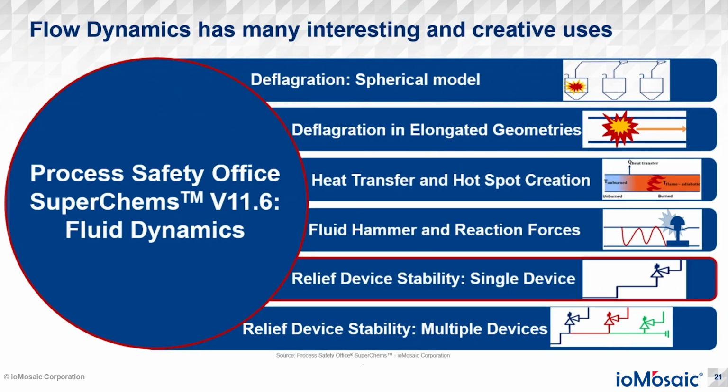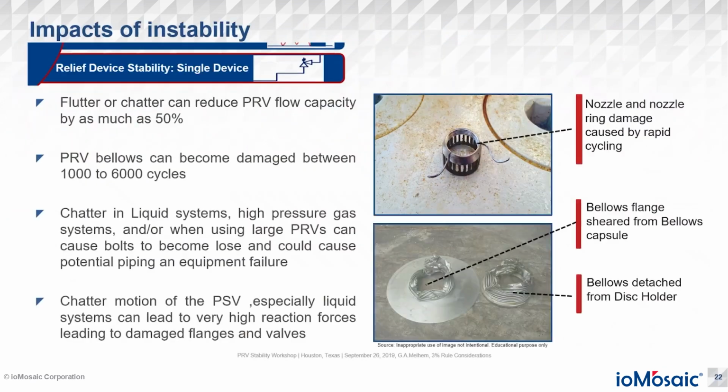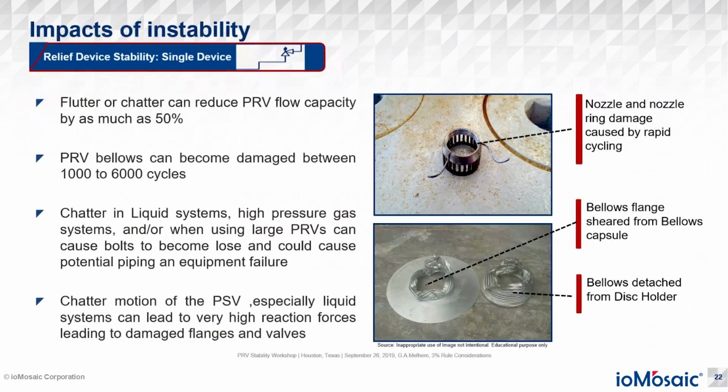So if we just look at single devices and why we're interested in relief device stability, the main reason is obviously damage to the valve and reduced flow. I've got here chatter in liquid systems and high pressure gas systems.